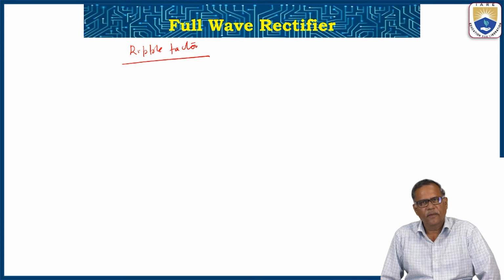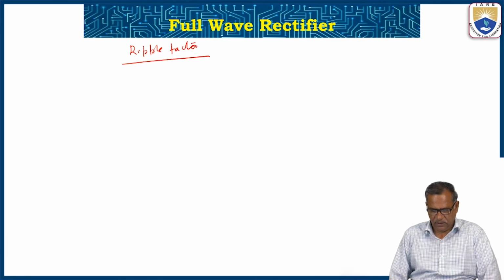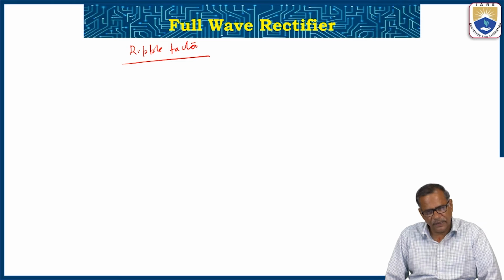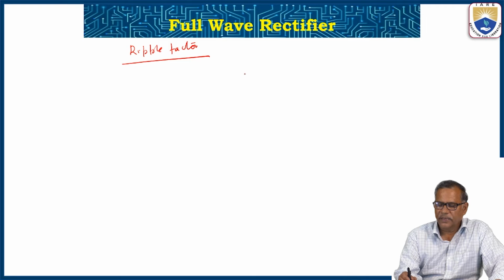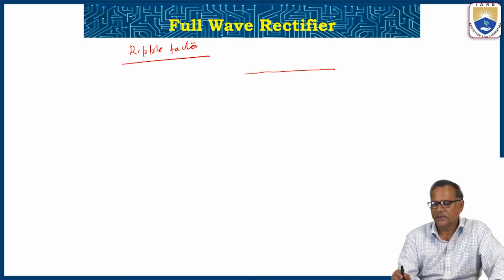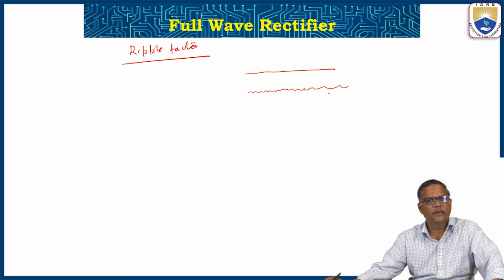So ideally the output variations should be zero. So that means we expect an output like this. We get some fluctuations like this. So ripple factor indicates how smooth the output is.